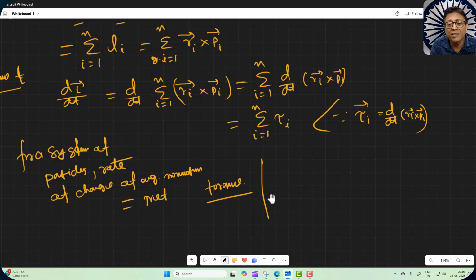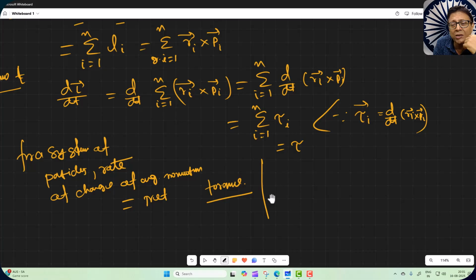Now, if we write the dL by dt expression... No, not from dL by dt. We start from tau only, net torque only. Okay? Net torque.